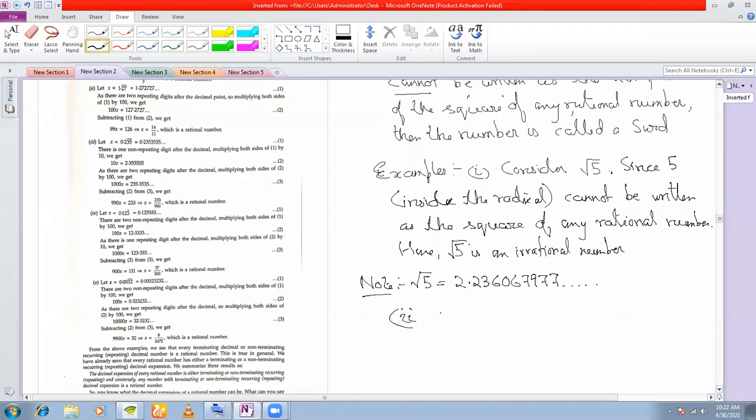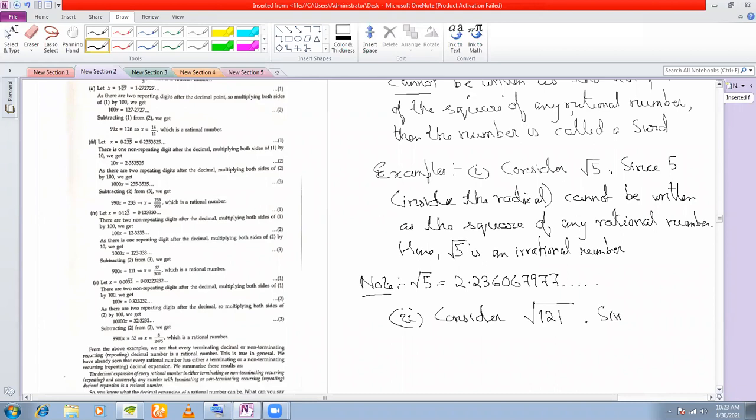Next, my question is, consider the square root of 121. Is this an irrational number? No, it is not an irrational number. Why?